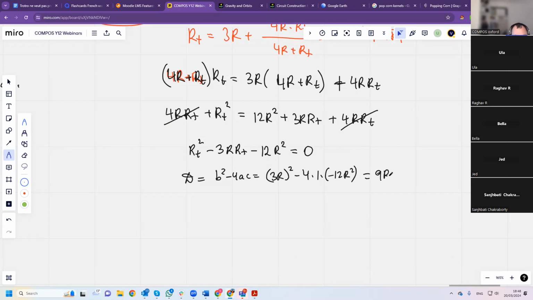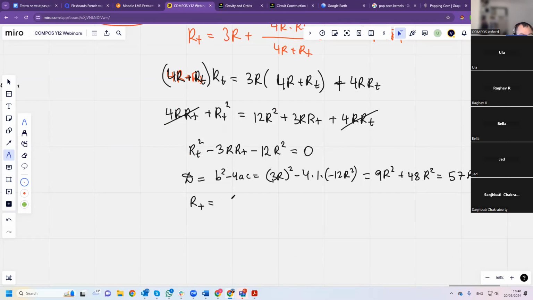So that's 9R squared plus 48R squared, which is 57R squared.